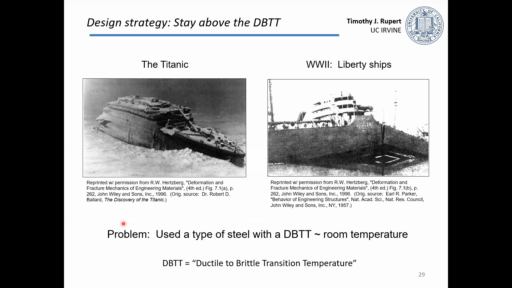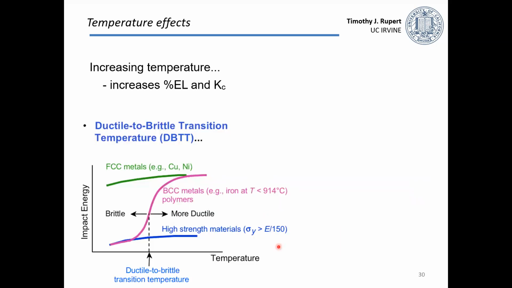So they were below their ductile to brittle transition temperature when they were used. So increasing temperature ends up increasing the elongation to failure and the fracture toughness of your material.